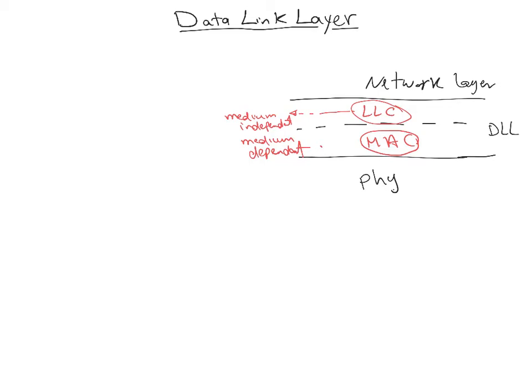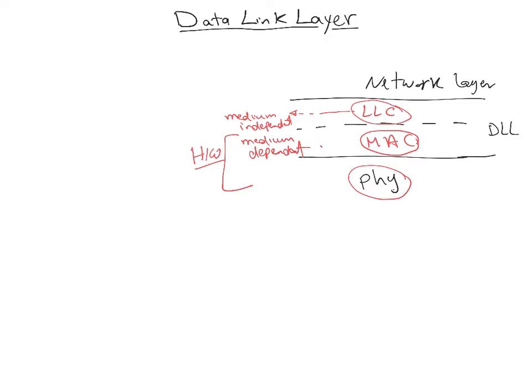Another reason why these two sublayers are separated is because the physical layer and the MAC sublayer are both implemented in hardware, because as we can imagine, both are heavily medium dependent.